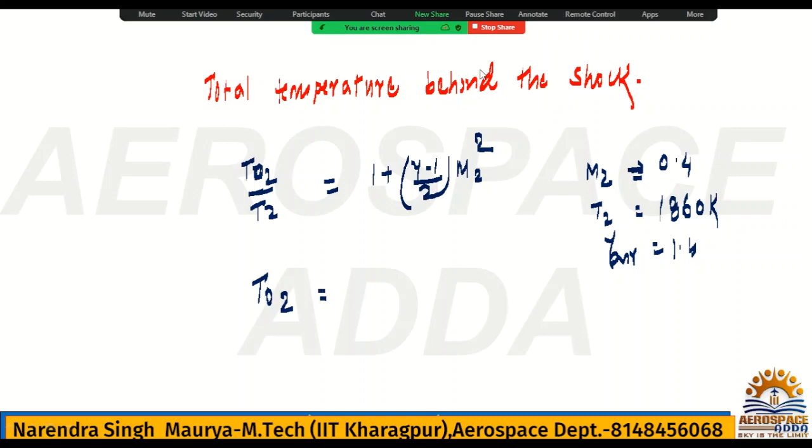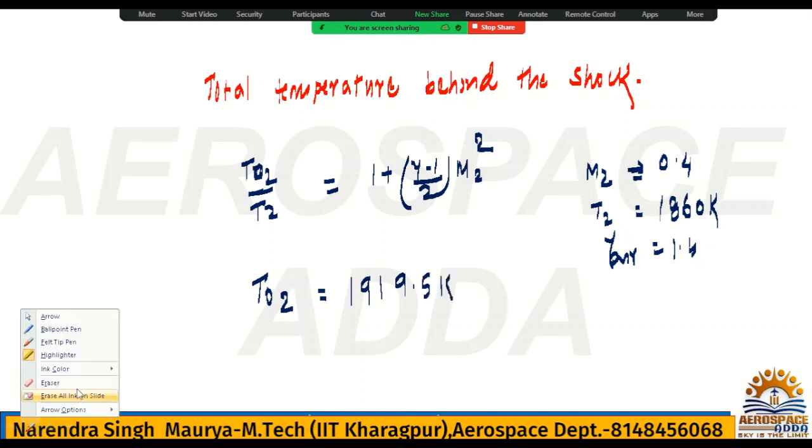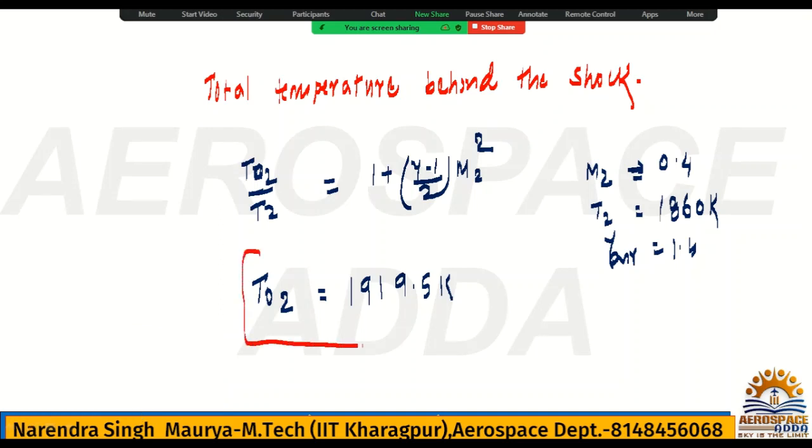Check how much T naught 2 is. Okay, right. So now almost all the values we have calculated.